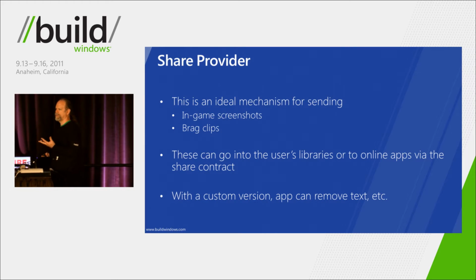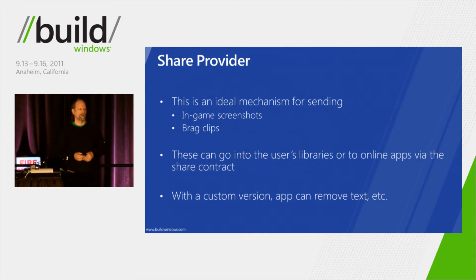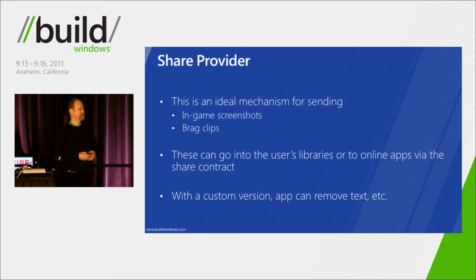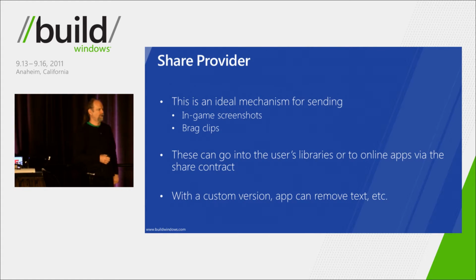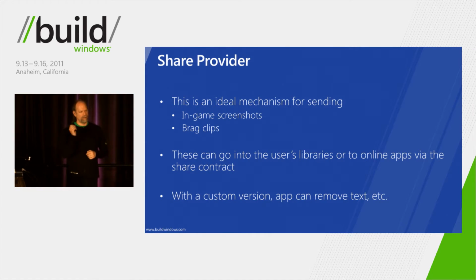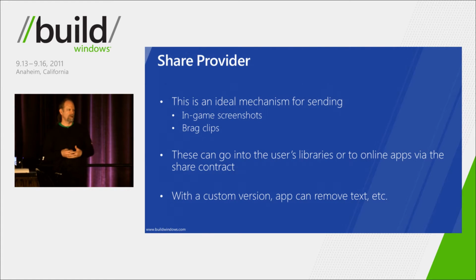Okay, another thing that gamers often like to do is brag about what they've done. So here I am, I made it to the top of this, I'm standing on top of this building, or I've just accomplished some achievement and there's a little trophy over my head. They want to take a screenshot of that and get it up on Facebook or save it in their My Pictures library.